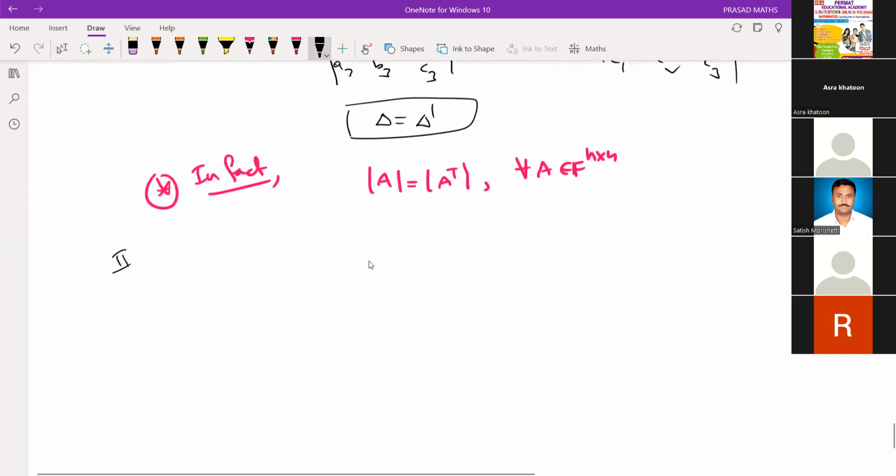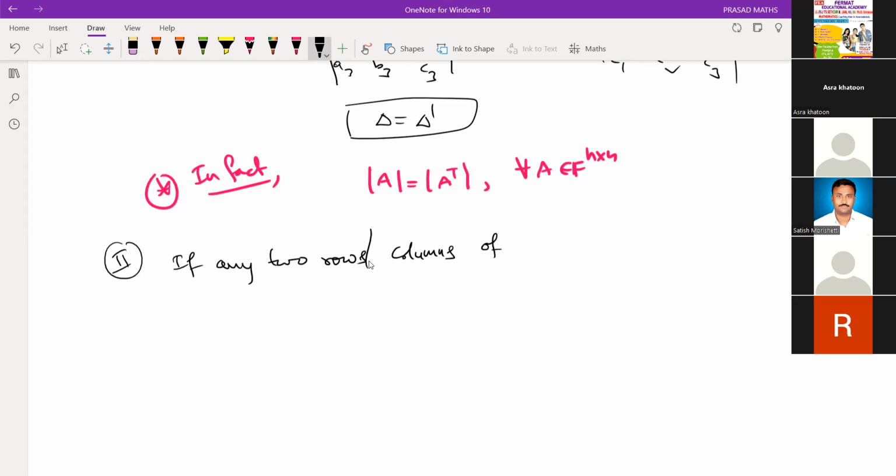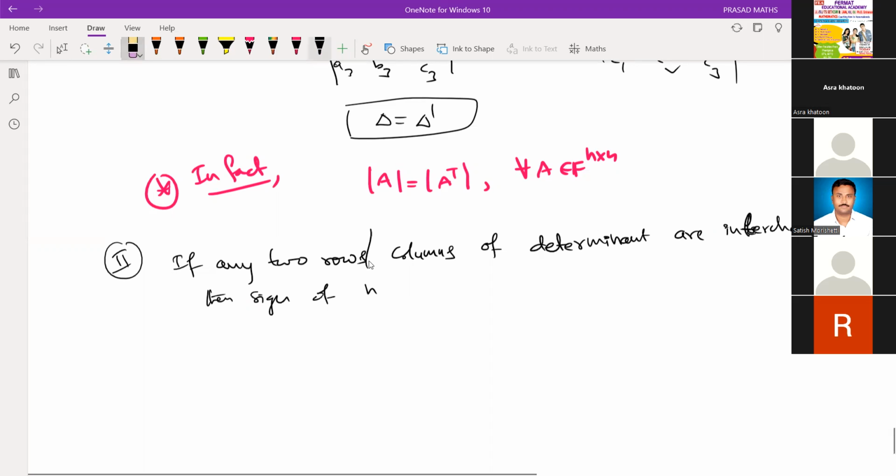Now, second property: if any two rows or columns of a determinant are interchanged, then the sign of the new determinant value is changed.